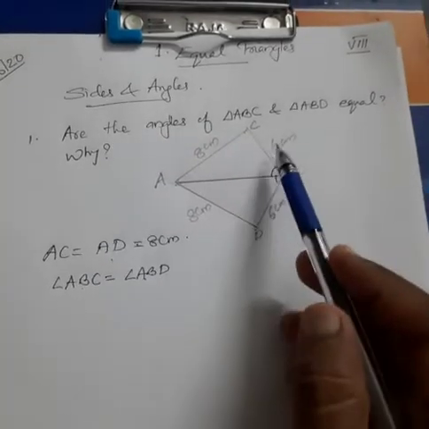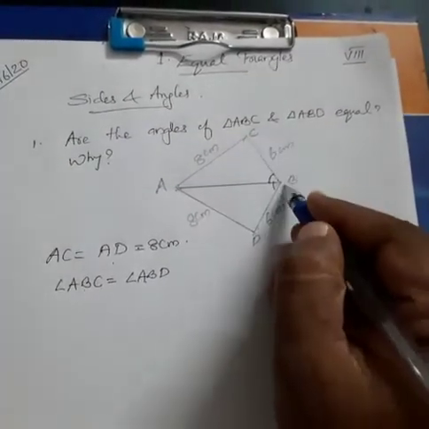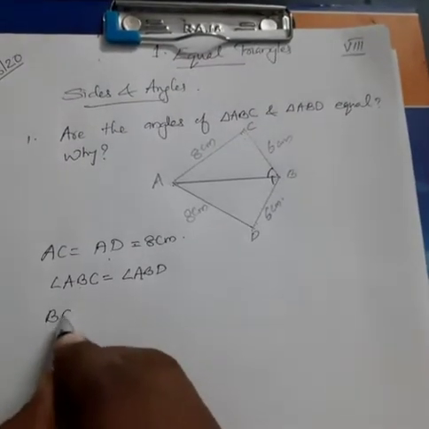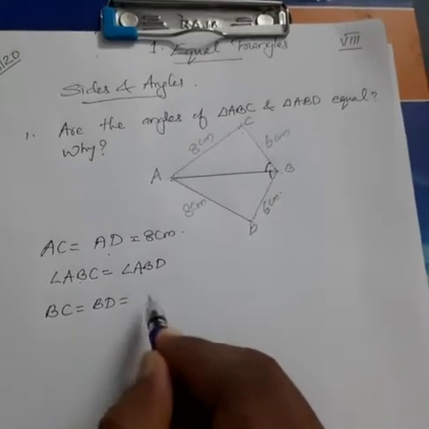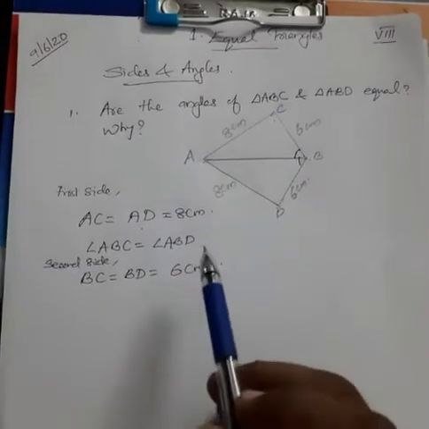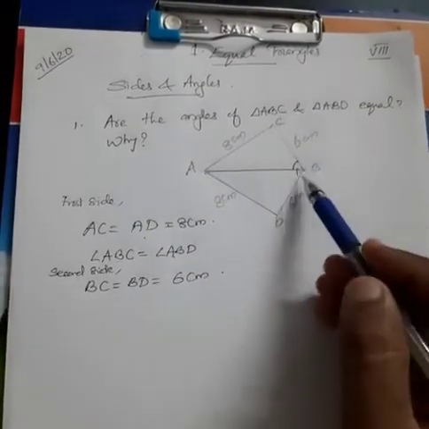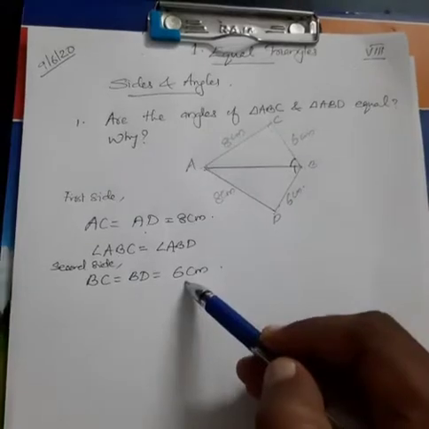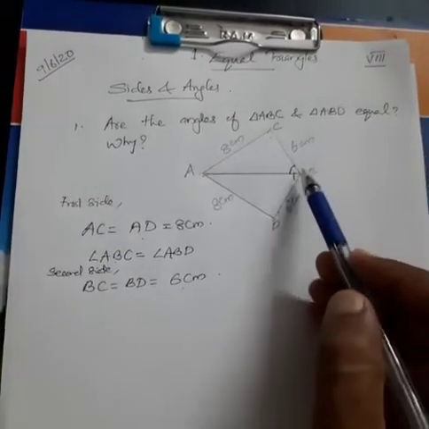Next we have to find out the next equal sides. Here the next equal side is BC. BC is equal to BD is equal to 6 centimeter. So the second side BC is equal to BD is equal to 6 centimeter. So the corresponding opposite angles you have to mark.